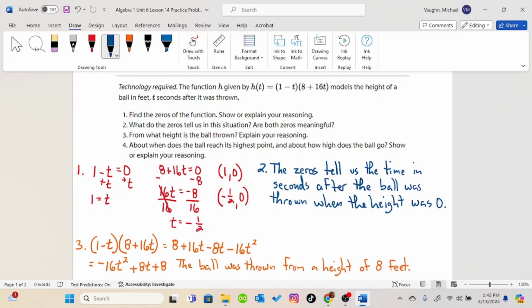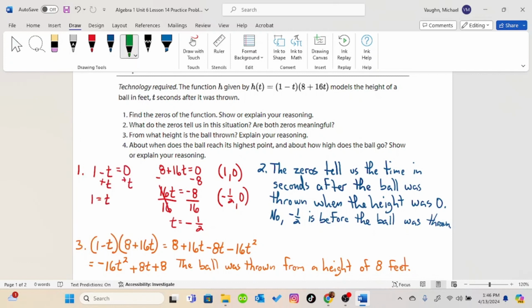Are both zeros meaningful? No. Negative 1/2 is before the ball was thrown. So it is not meaningful.